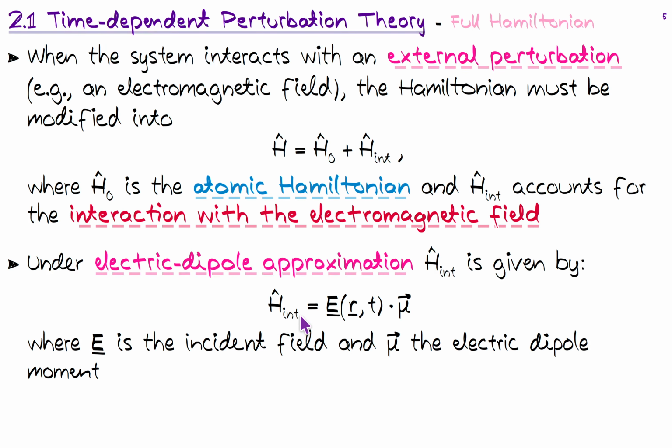So the Hamiltonian is only this. There is, for example, no interaction due to the magnetic field, or due to strong gradients in the actual incident field. We only consider a local response operating on the electric dipole moment, and that's the kind of interaction that we are considering.